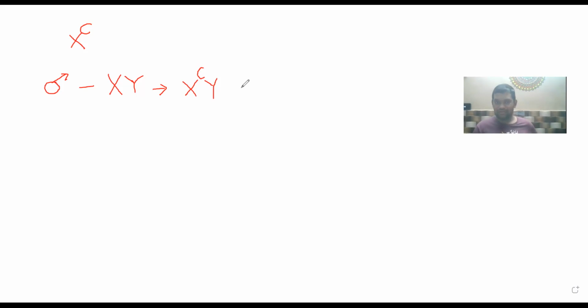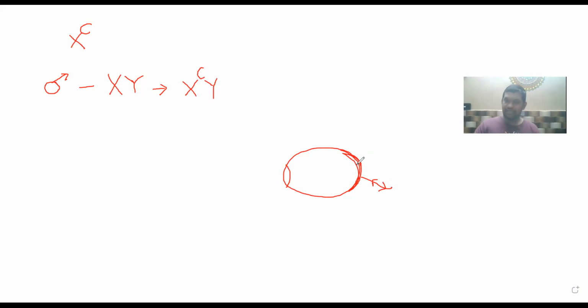We will study this in detail in control and coordination; for now just understand the retina. This back portion of the eye is called the retina, with optic nerves connected to the brain.